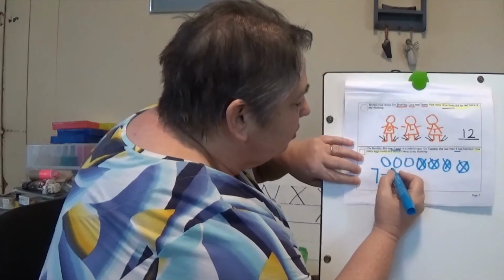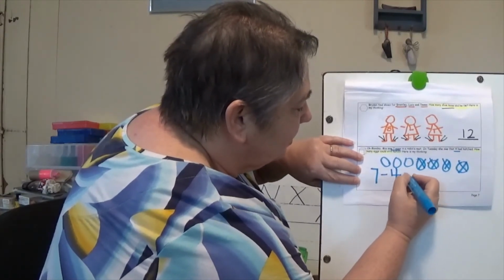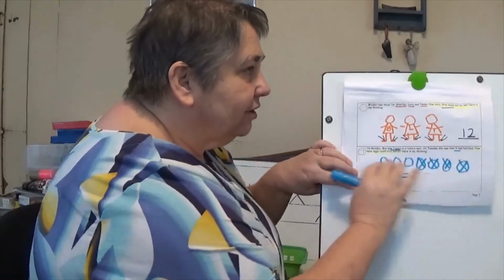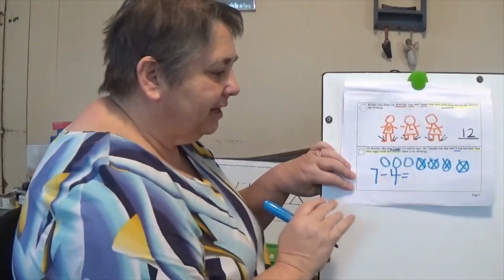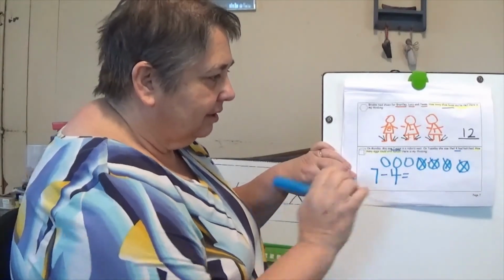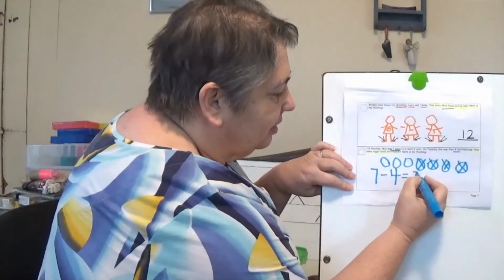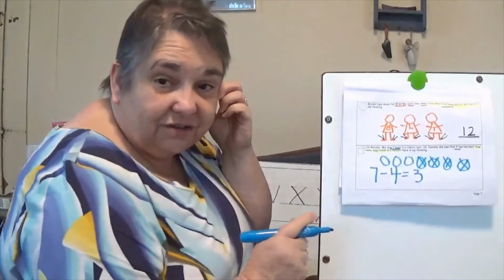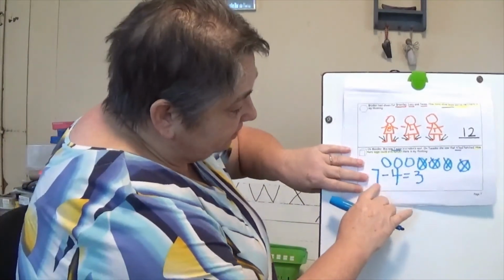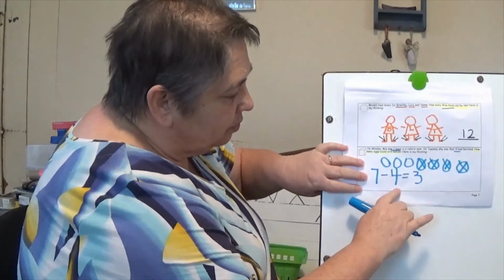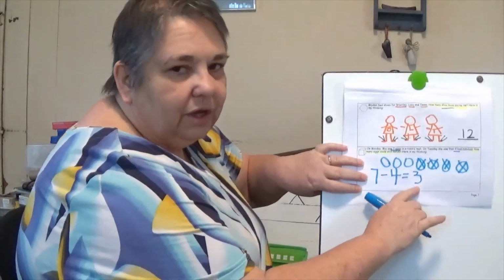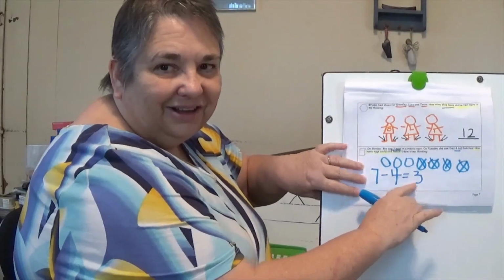We're taking 4 of them away. So if we have 7 altogether, we take 4 away. How many do we have left? Okay, thank you, Lily. So our equation for this problem is 7 minus 4 is equal to 3. Great job.